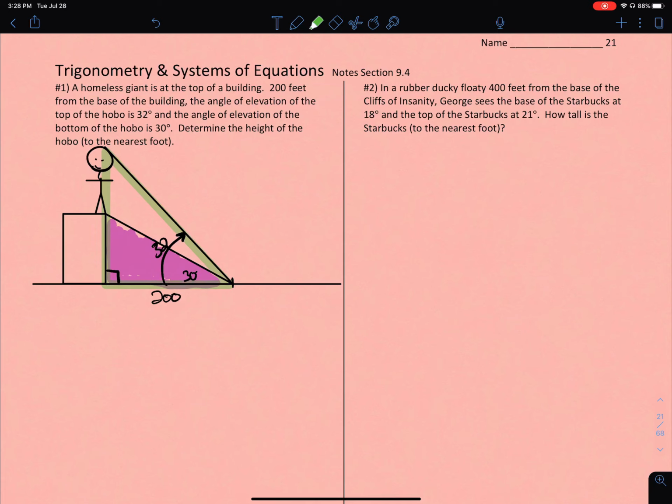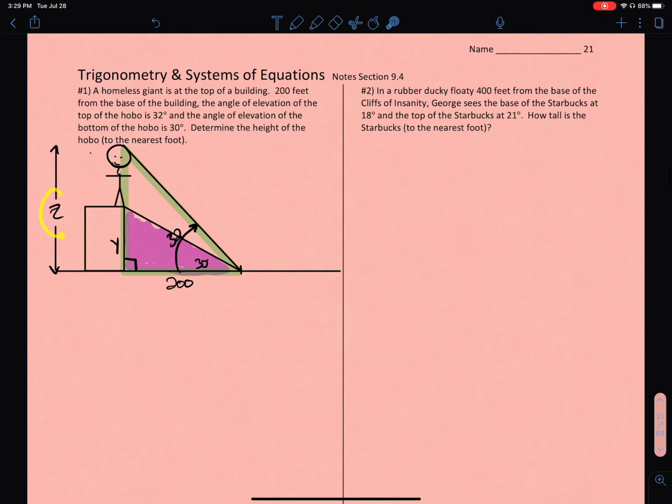So although we can't find the height of the homeless man directly, we can find it indirectly. For example, in this purple triangle, we could figure out the length of y, the height of that purple triangle. In the green triangle, we could figure out the length of z, which is the height of the building and the homeless man combined.